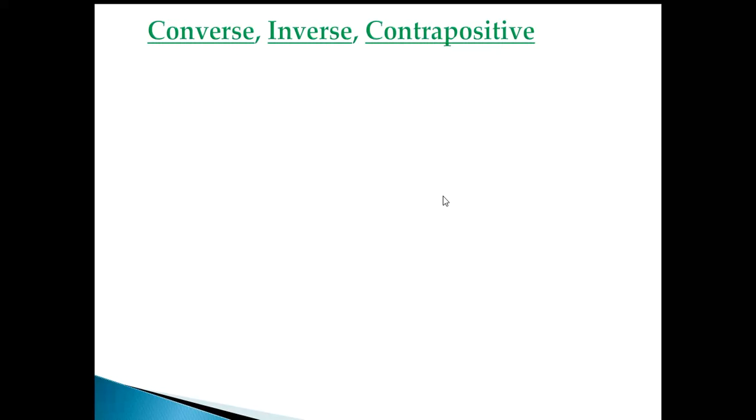Next we come to the point of converse, inverse and contrapositive. What are the converse, inverse and contrapositive? Actually these are cases of the conditional statement.